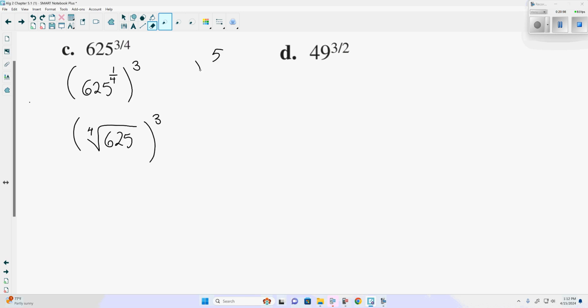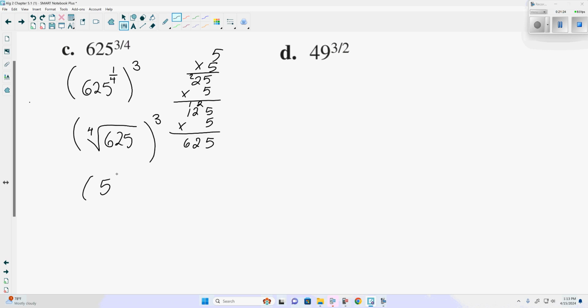So 5 times 5 is 25, that's 5 squared. 5 cubed, we multiply by 5 again: 125. To the 4th, 625. So the 4th root of 625 is indeed 5.